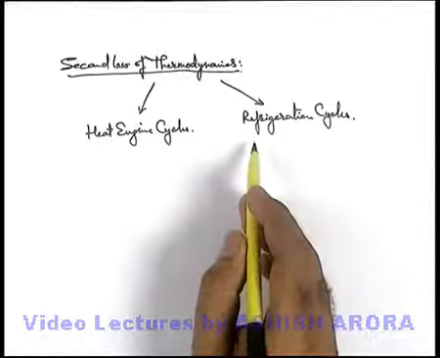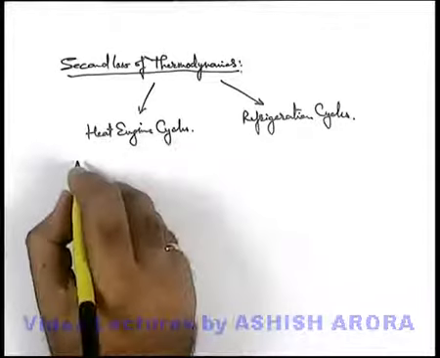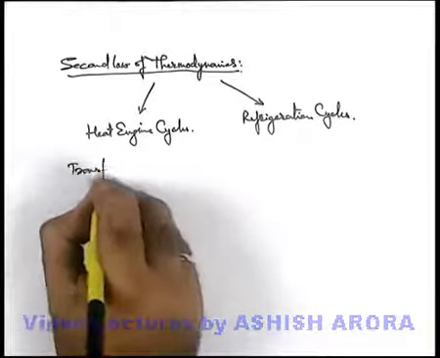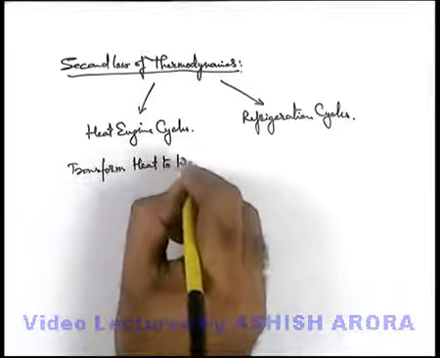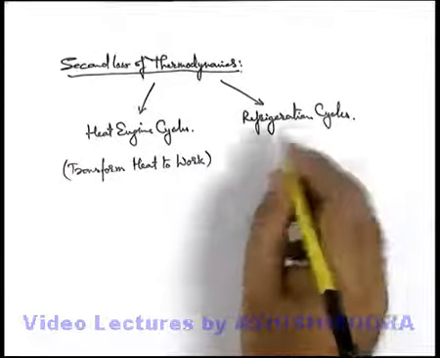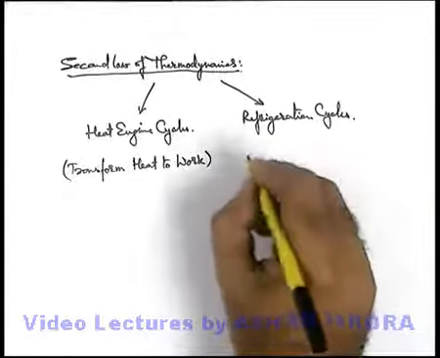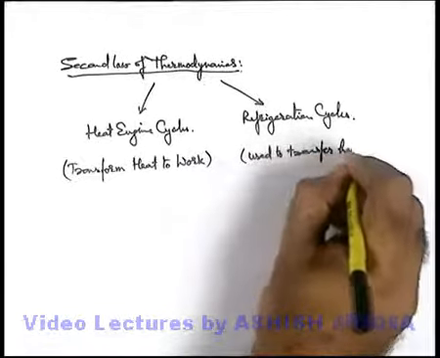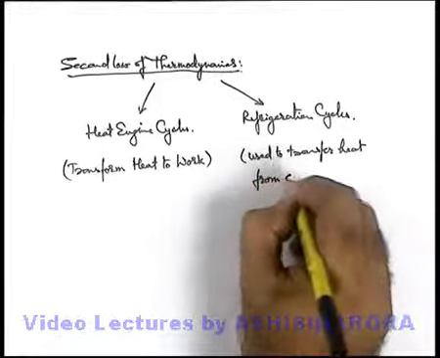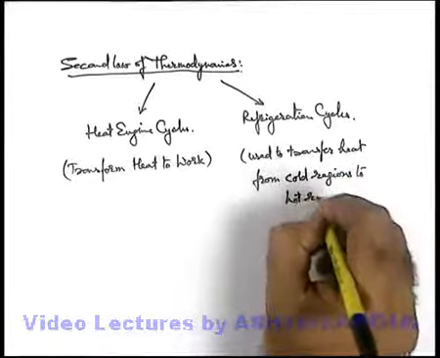As you can recall when we studied cyclic processes, heat engine cycles are those which are used to transform heat into work, and refrigeration cycles are used to transfer heat from cold regions to hot regions.